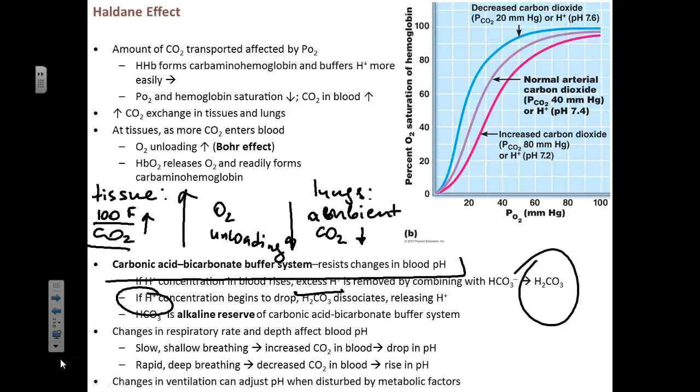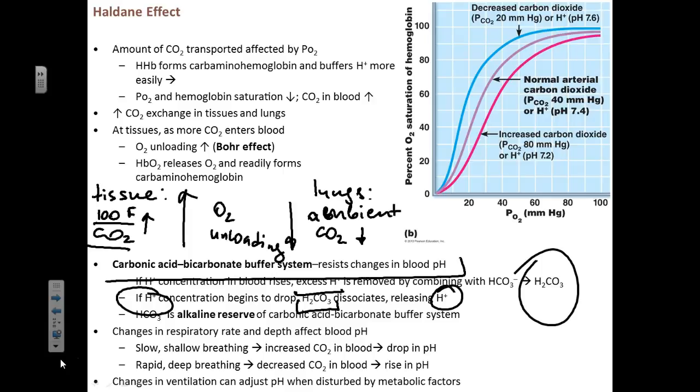If the concentration of protons goes down, carbonic acid starts to dissociate and releases protons and maintains the pH in the blood. So by far it's the most important buffer system in the blood.